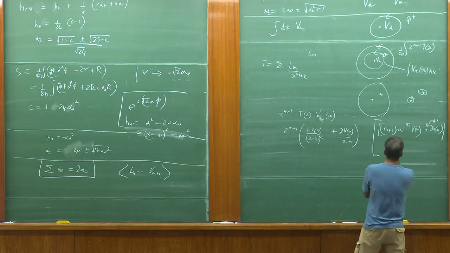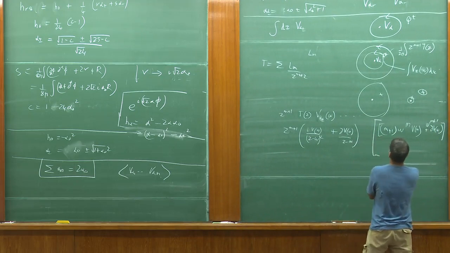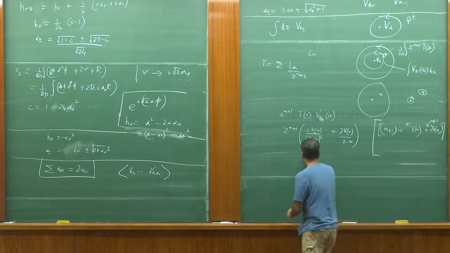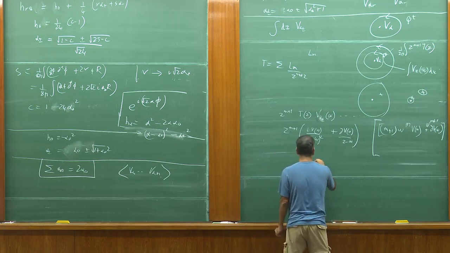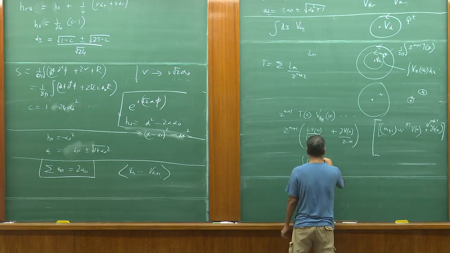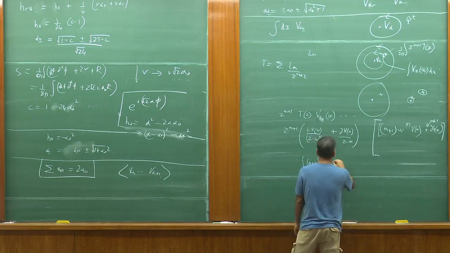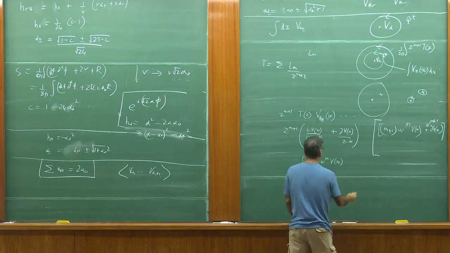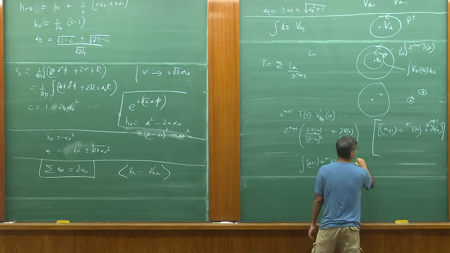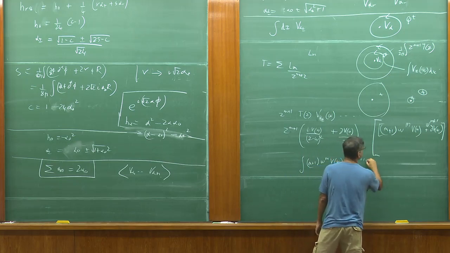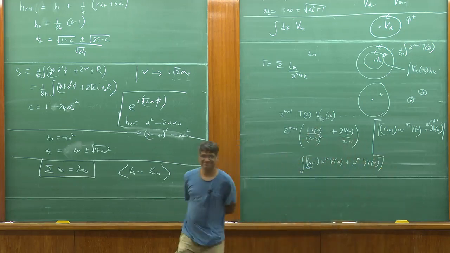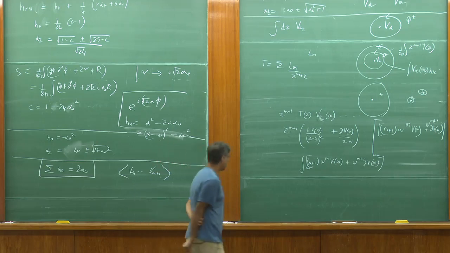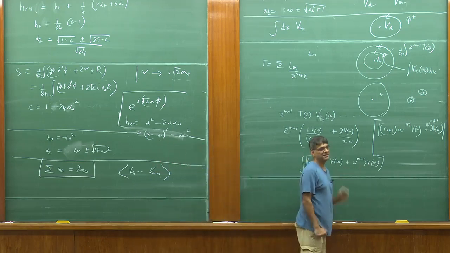And now we have this guy integrated: m plus 1 w to the power m V of w plus w to the power m plus 1 del V of w integrated over this contour. Okay, now we will take this and integrate it by parts.